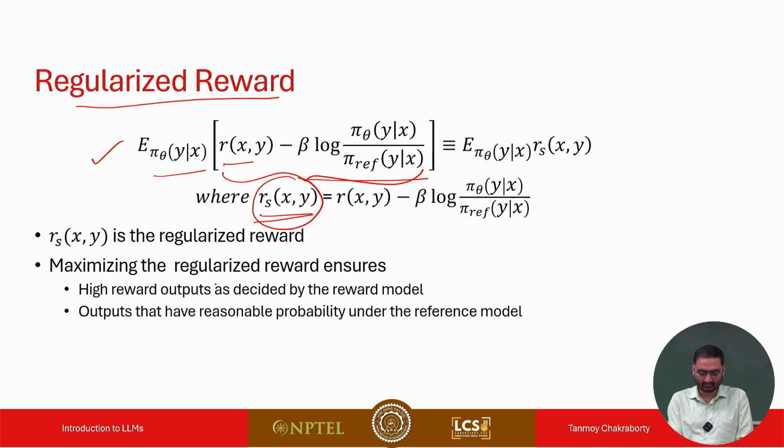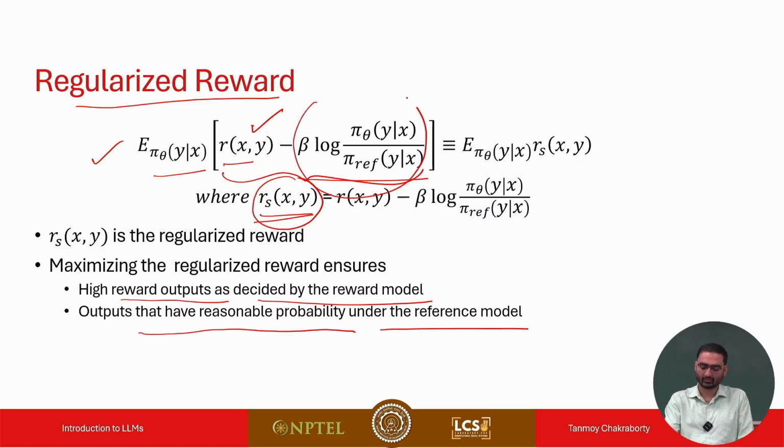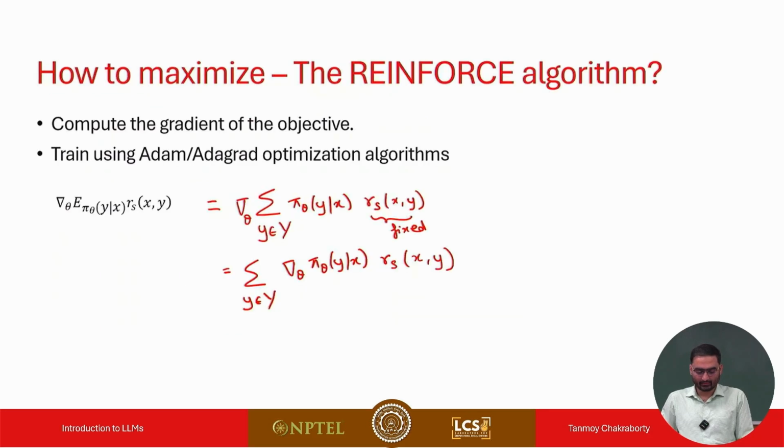Again, maximizing the regularized reward ensures that the outputs will have high reward as decided by the reward model because of this term, and outputs that have reasonable probability under the reference model will be taken care of by this factor. So under the reference model, it should not be very different. Okay, so now let's look at how to maximize this.